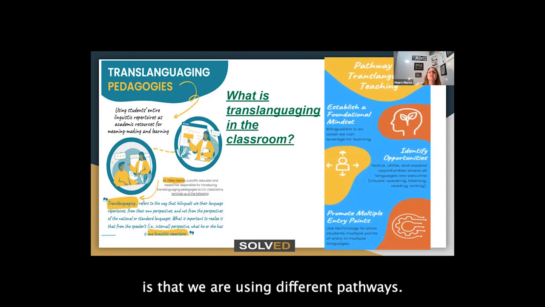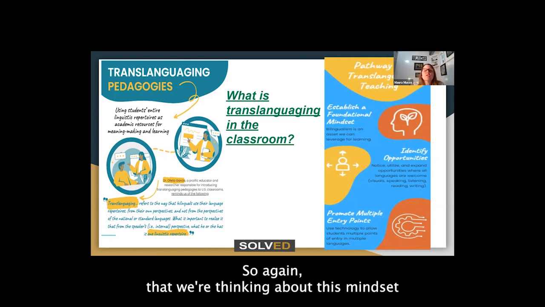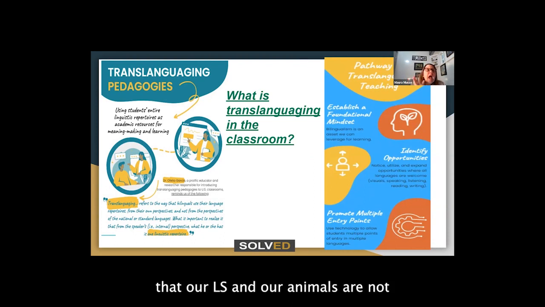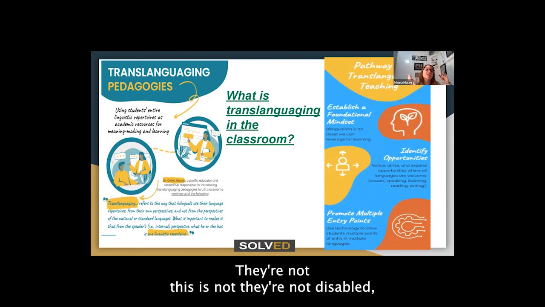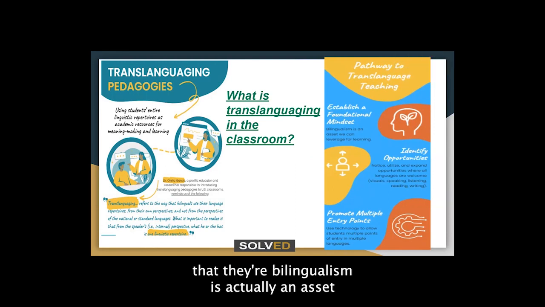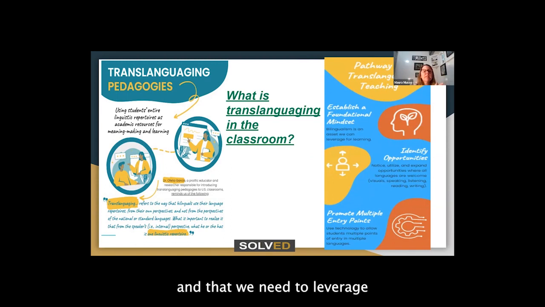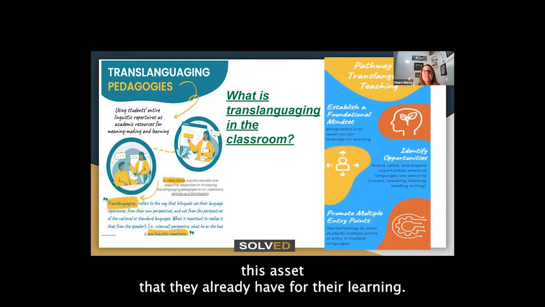So what that means in the classroom is that we are using different pathways. Again, we're thinking about this mindset that our ELs and our MLs are not at a complete disadvantage. They're not disabled. Their bilingualism is actually an asset, and we need to leverage this asset that they already have for their learning.